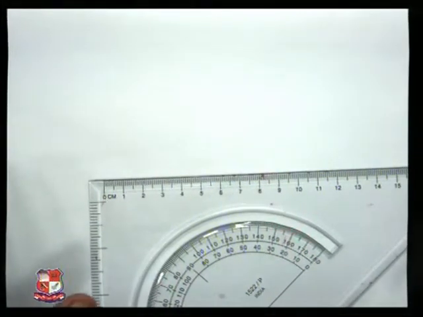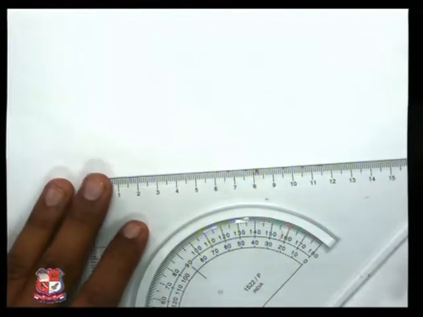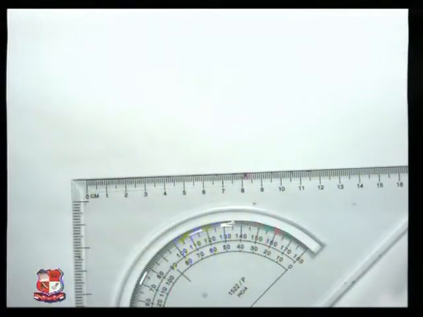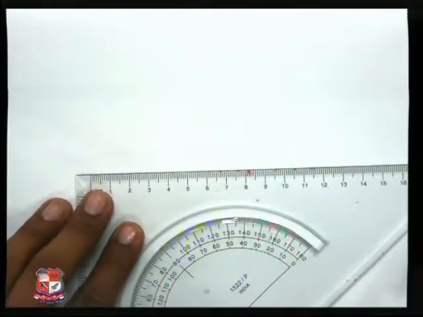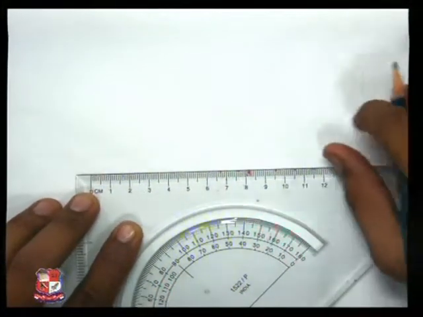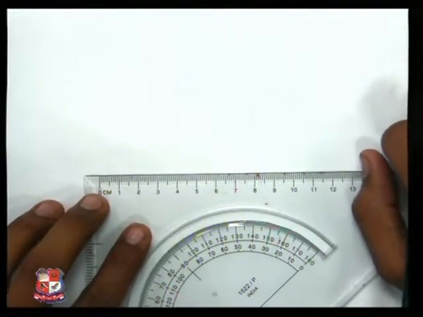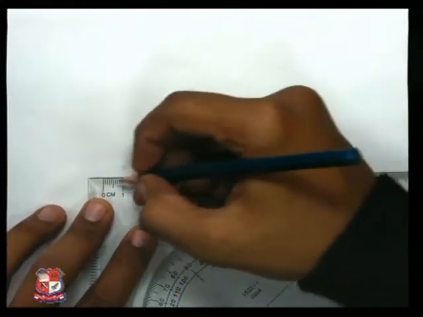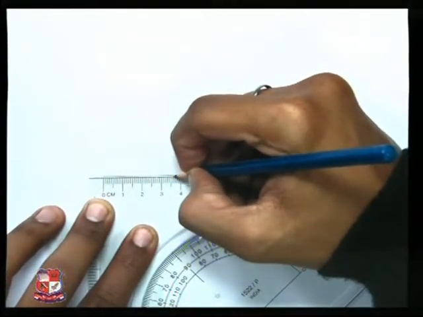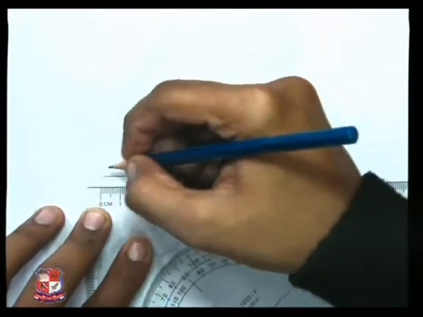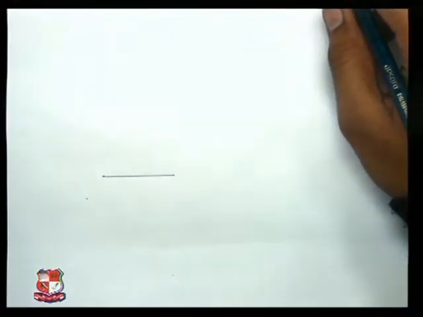We need to draw a pentagon in a circle having 72 mm diameter. So first of all we are going to start with the same. If we need to draw from the 72 mm diameter, we need to divide this into 2. So each side would be 36 mm, which means that first of all I need to draw a side of 36 mm.